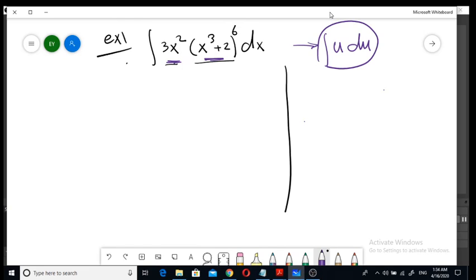Because if we have the integral of u du, easily we can apply the power rule of integration, which is u to the power 2 over 2 plus c, or we can say u to the power n, it will be u to the power n plus 1 over n plus 1 plus c.